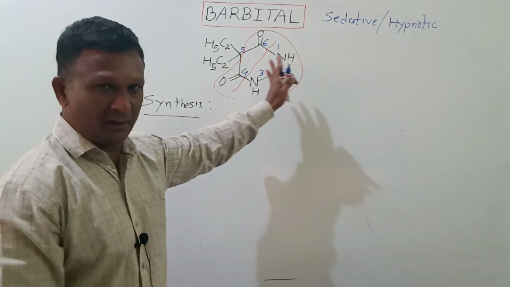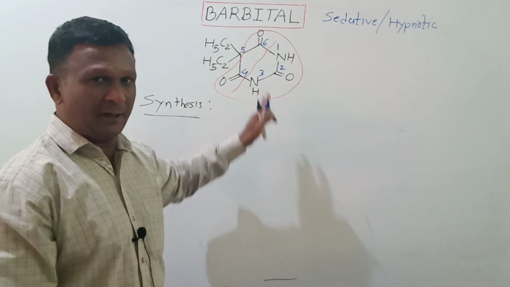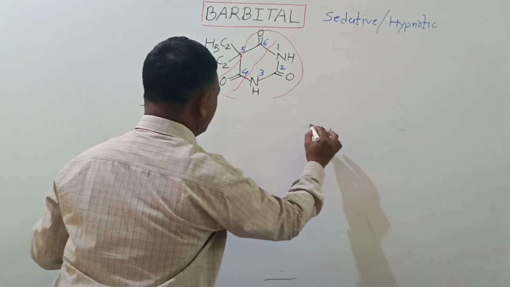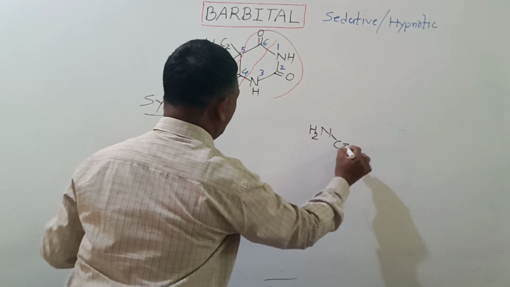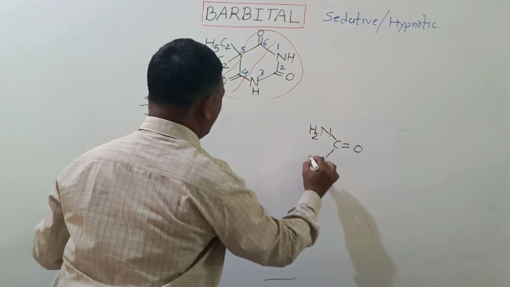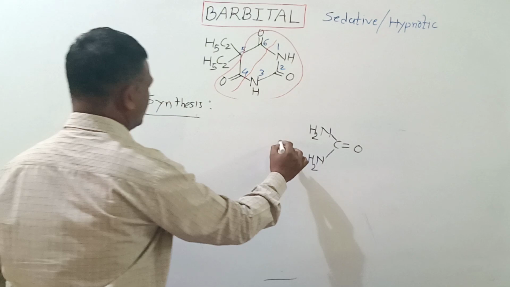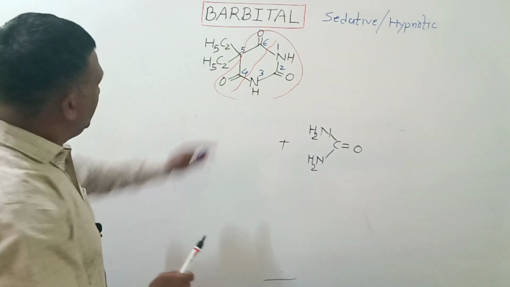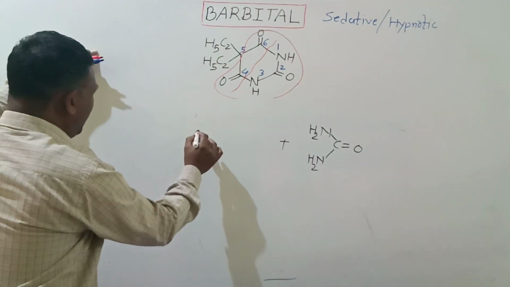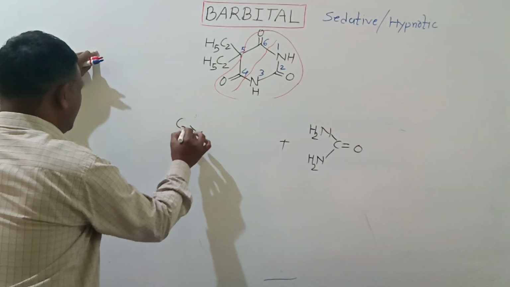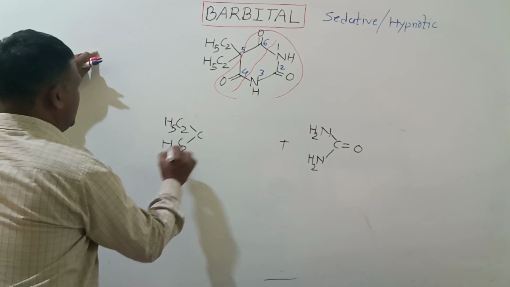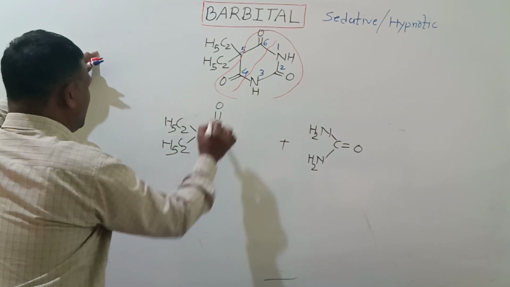Now this portion comes from urea, that is NH2CONH2. Now this portion is simply written this way.